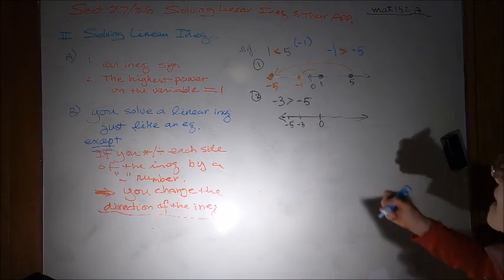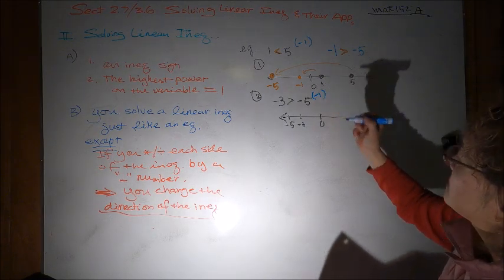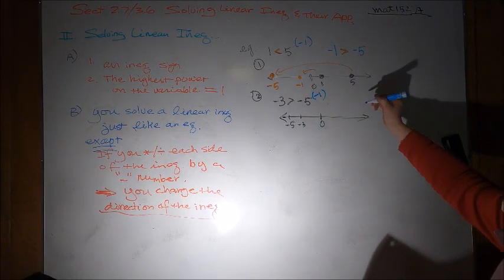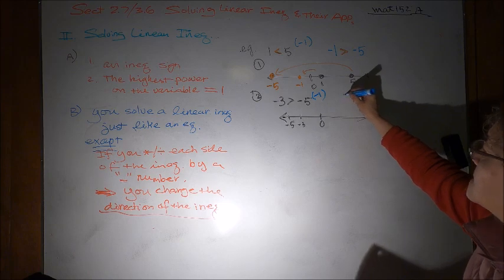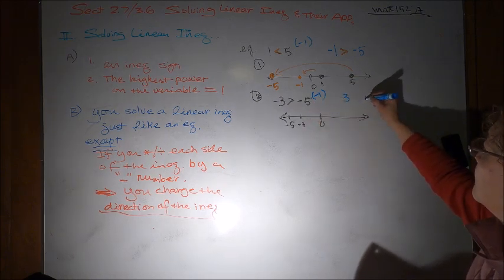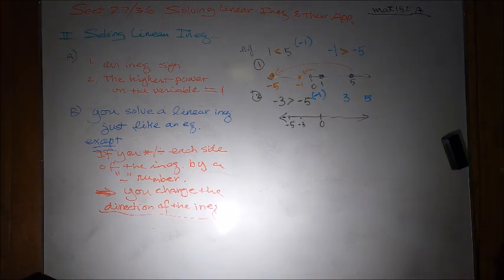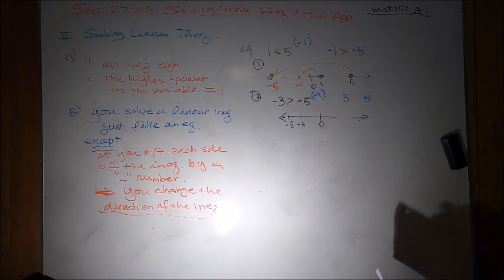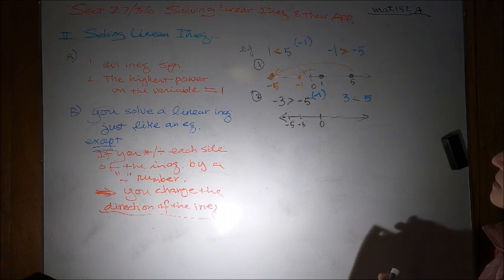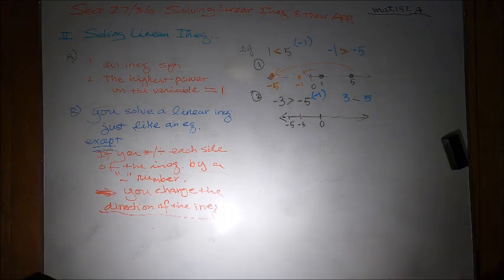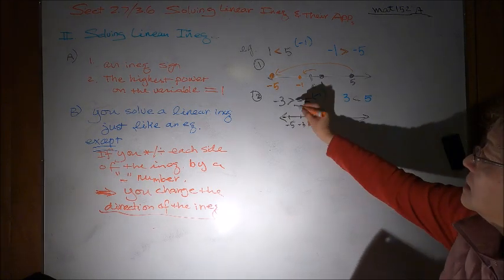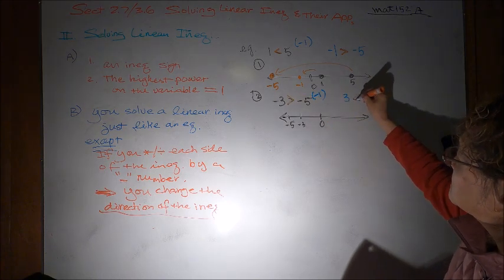If I multiply it by -1, what do I have? Negative times negative is positive, right? 5. Which one is bigger? Which one is smaller? 5 is bigger. So it becomes this way. See? Right? Bigger becomes smaller.